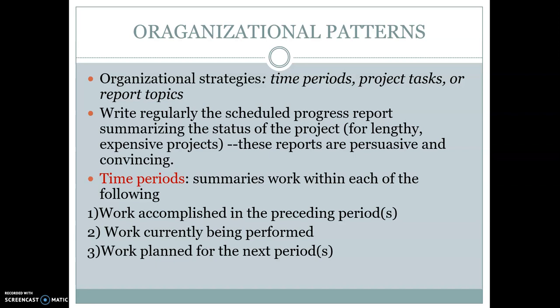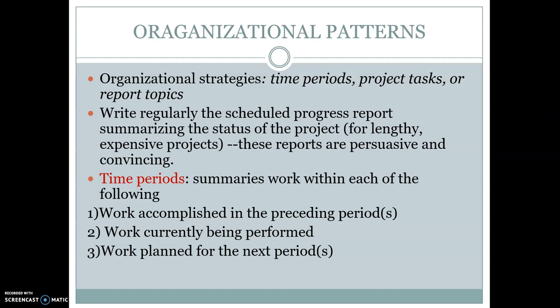So let's look into time periods. A progress report usually summarizes work within each of the following. The first one is work accomplished in the preceding periods. The second one is work currently being performed.